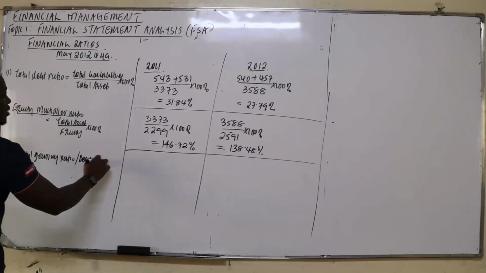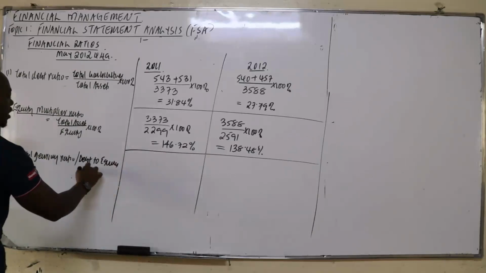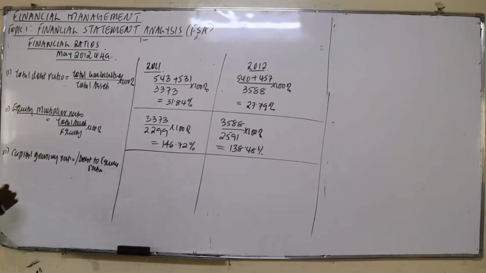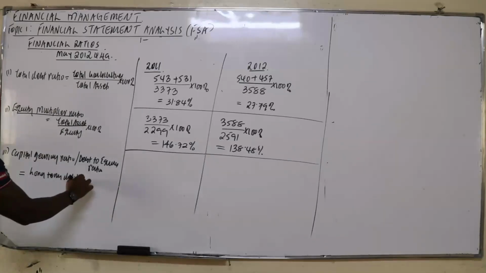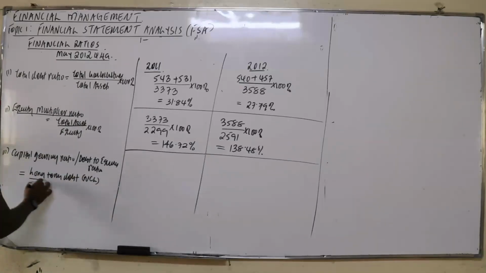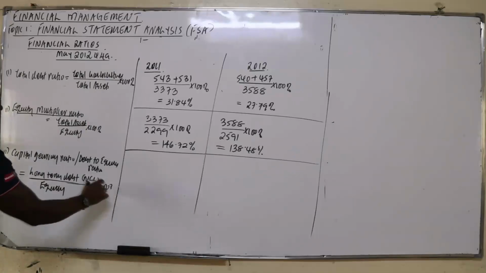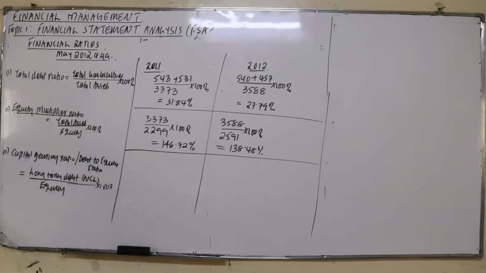The debt to equity ratio is equivalent to long-term debt, so you take the long-term debt, that is the non-current liability, you divide by the equity times 100. So you take the long-term debt, that is non-current liability, and divide it by the equity.